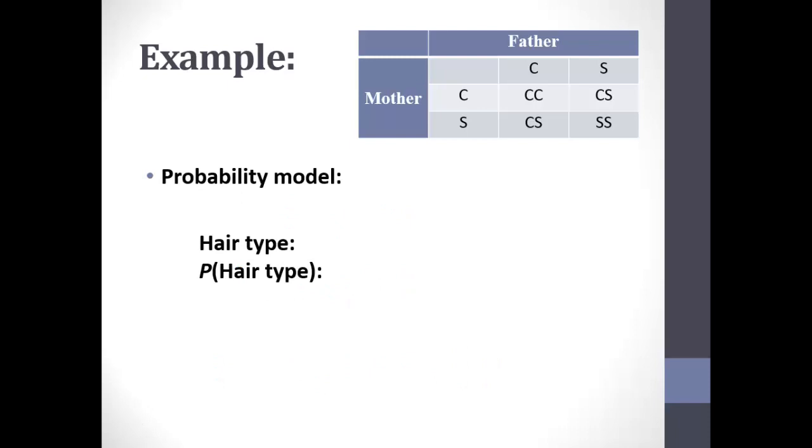And finally, then I can write out what my probability model is that will allow us to answer some of these questions. So again, I need two things. I need to list out what the sample space is, what the possible outcomes are, and then the probability of each of those outcomes. So again, the hair type possibilities that I have are curly, wavy, and straight.